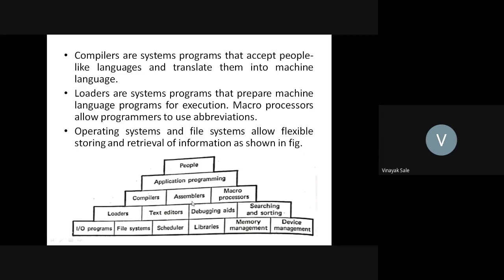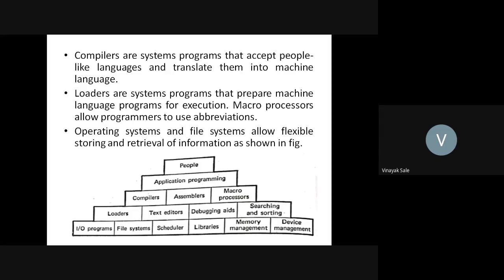Then debugging aids and searching sorting algorithms combined with macro processors, and all these compilers, assemblers, and macro processors combined form an instrument, that is application programming, and that application programming is operated by different users.